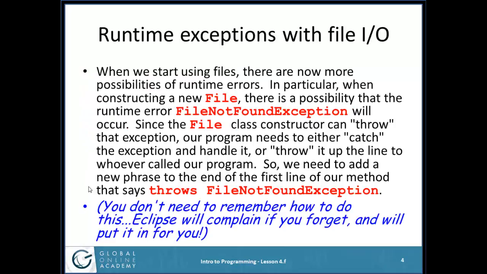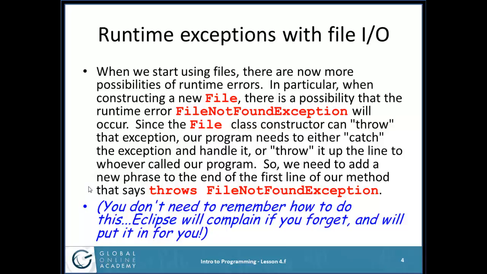Now when we start using files, all of a sudden there's new problems that we can have. Suppose I typed the name of a file in wrong, or I don't have permission to open that file, or it's not in the directory that I thought it was in. Whenever we construct a new File, there's a possibility that the runtime error FileNotFoundException is going to occur. The File class constructor, what gets executed when we do new File, throws an exception.